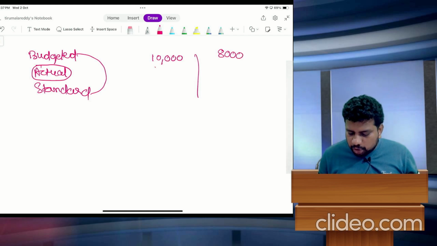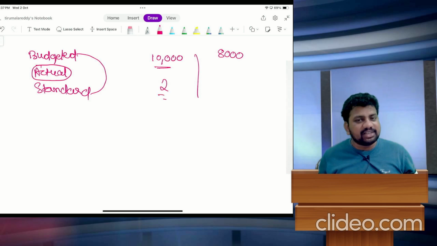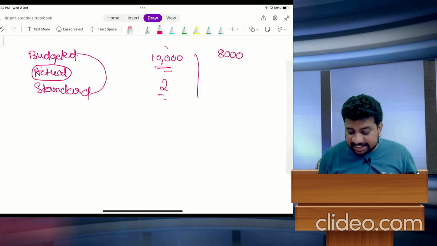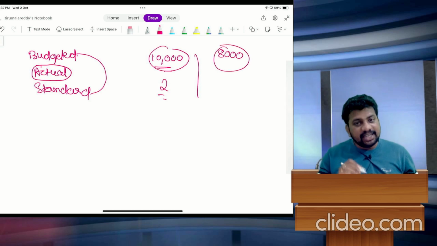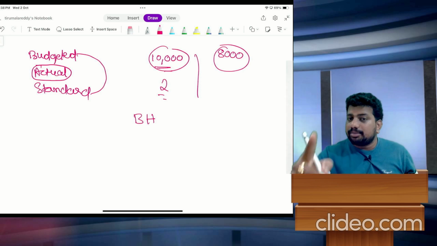And to produce 1 unit, I require 2 hours. My standard hours per 1 unit is 2 hours, and I am expected to produce 10,000. This is estimation, not reality, not actuals. And this is actuals.